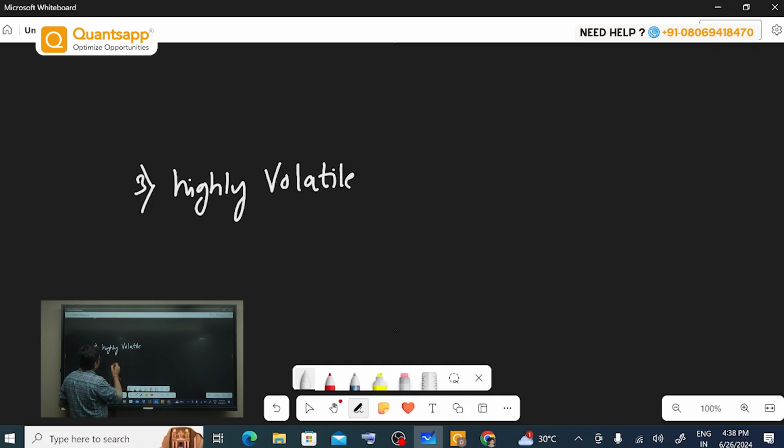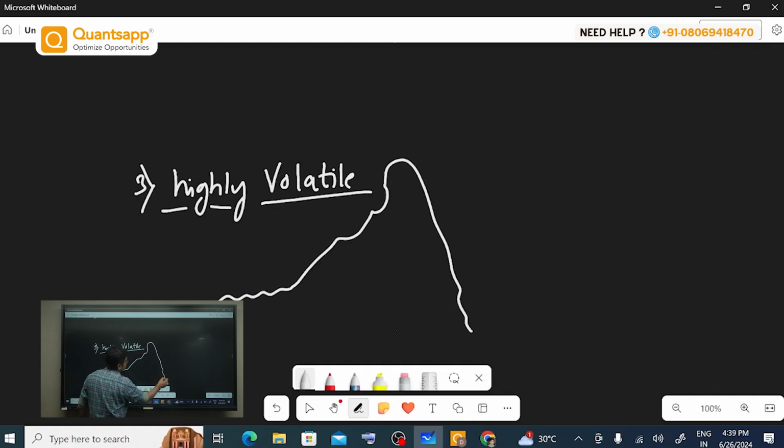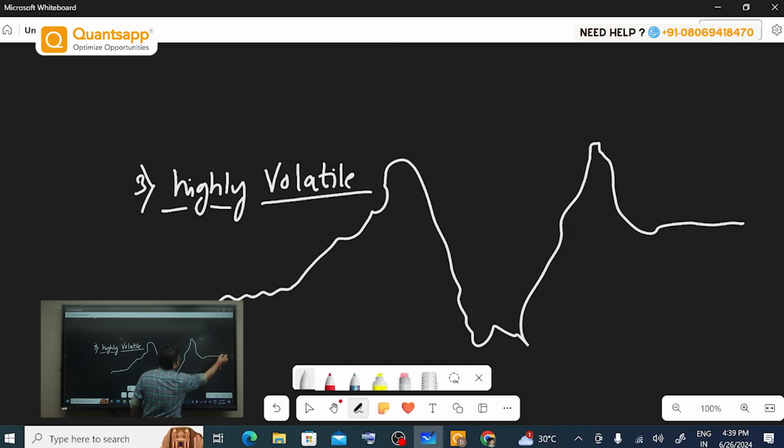When the index is volatile or the stock is highly volatile, in the beginning they move like this, then they move like this, then again they come down, make sideways here, then again move like this, then again come down, and this is how from 9:15 to 3:30 it ends. So you can see this is a highly volatile market.